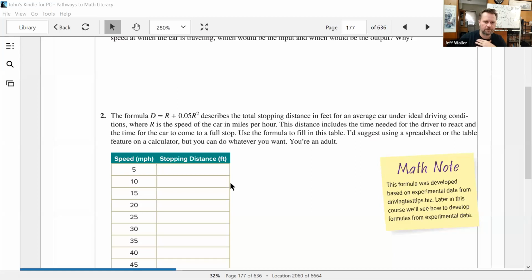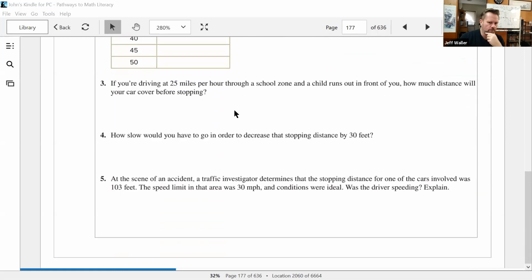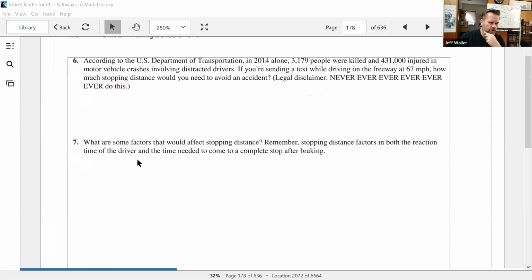You have people that are sleepy, that are texting, you have whatever. There are so many more variables than this. But this is just ignoring those variables and saying, if all of that was equal, this is the equation for it. So number 7 is just saying what other variables might have to go into an equation to really give a more complete picture.